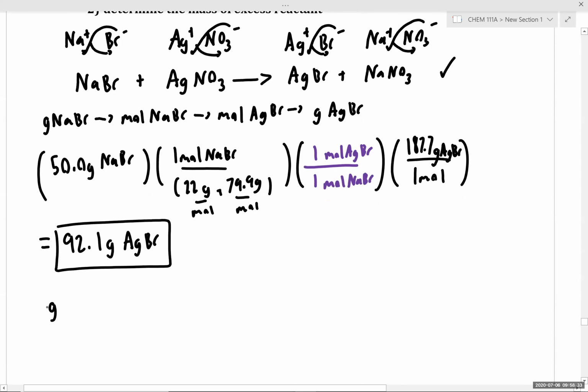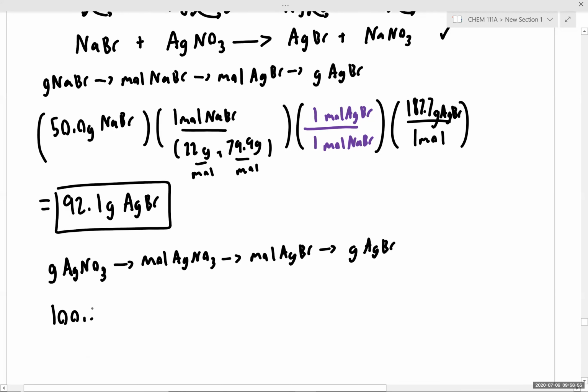So to do that, we're going to go from the grams of silver nitrate to the moles of silver nitrate to the moles of silver bromide to the grams of silver bromide. Now that we have 100.0 grams of silver nitrate, we know that in 1 mole of silver nitrate, again, would someone like to volunteer in the chat the molar mass of silver nitrate?